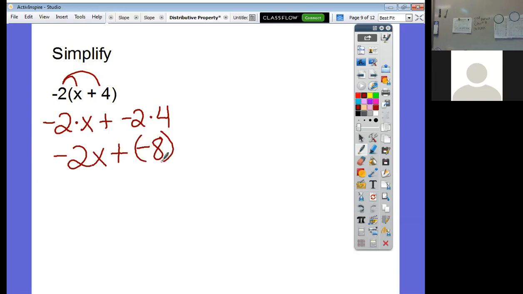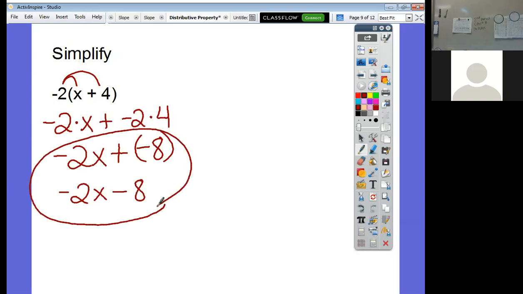Done. Or this is the same answer. Okay? Either or. Those are your answers. And you can't combine them because they're not like terms.